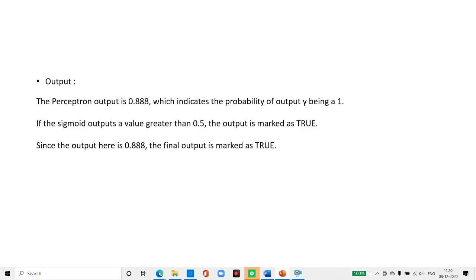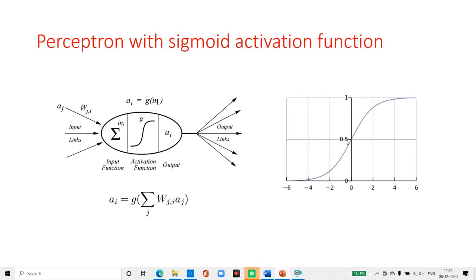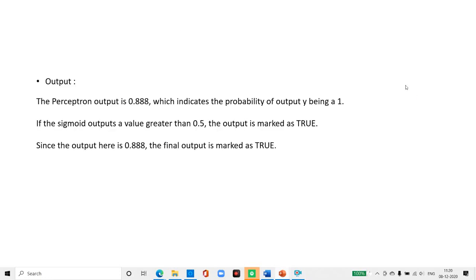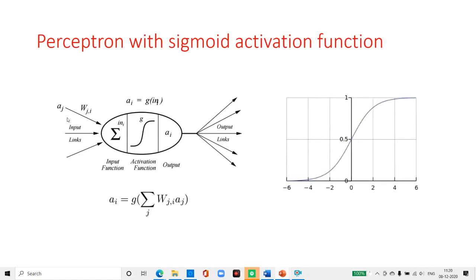Next is the output. So the perceptron output is 0.888, which indicates the probability of output y being a 1. So if the sigmoid output is greater than 0.5, the output is marked as true. If the sigmoid output is more than 0.5, then the output is positive, that is true. Since the output here is 0.888, the final output is marked as true.